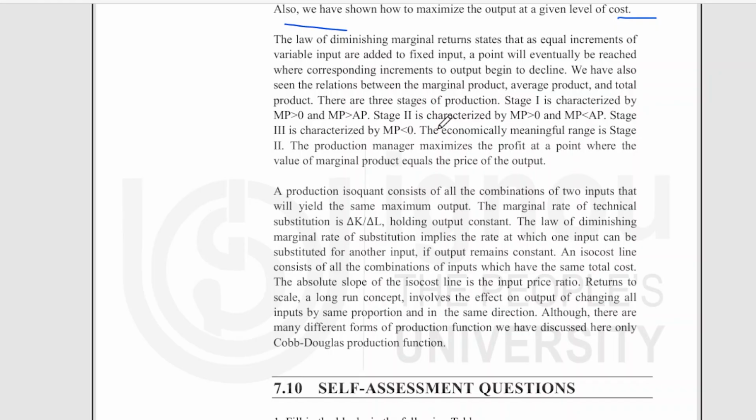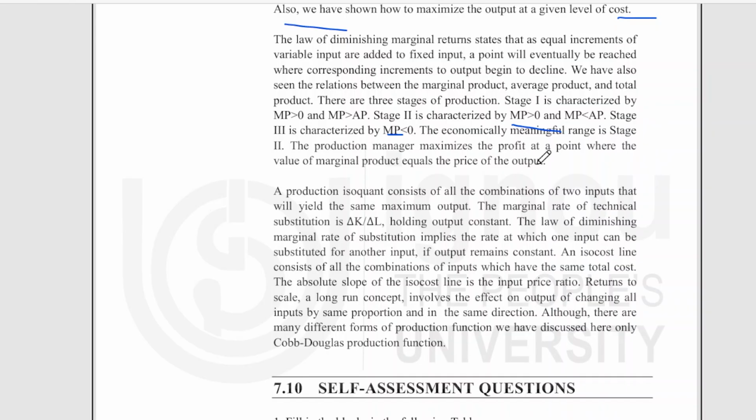There are three stages of the production. Stage 1 is characterized by MP equal to 0 and MP equal to AP, and stage 2 is characterized by MP greater than 0 and MP less than AP, and stage 3 is MP less than 0, and the economically meaningful range is stage 2.